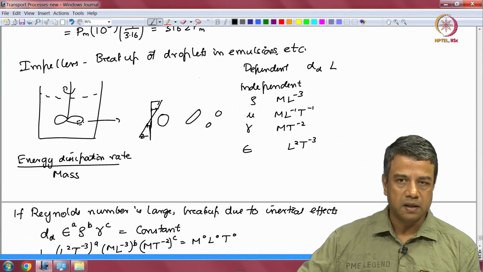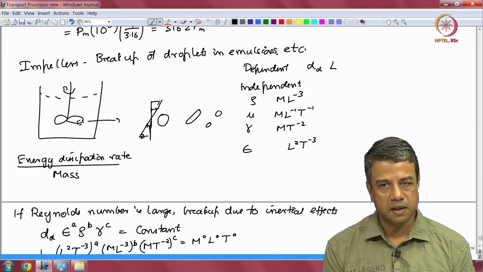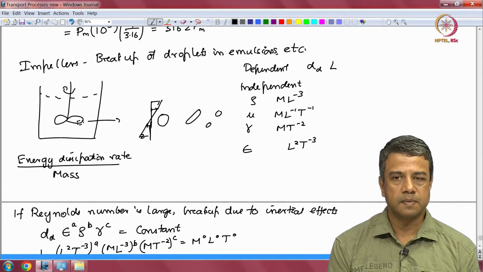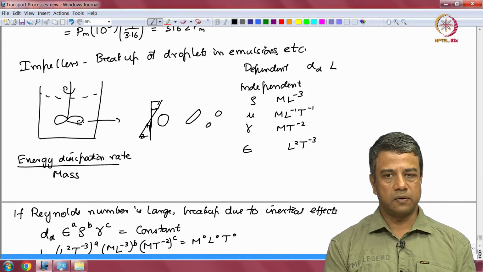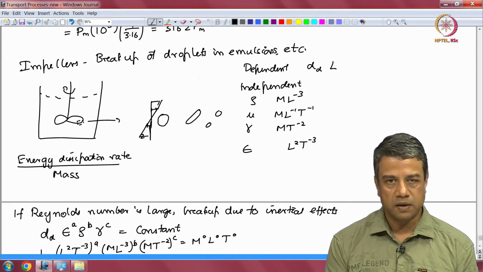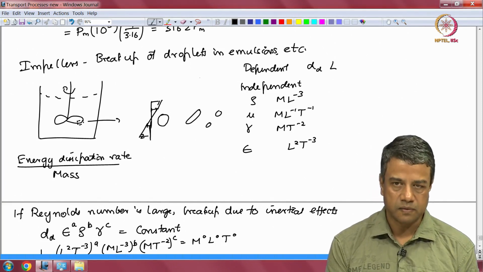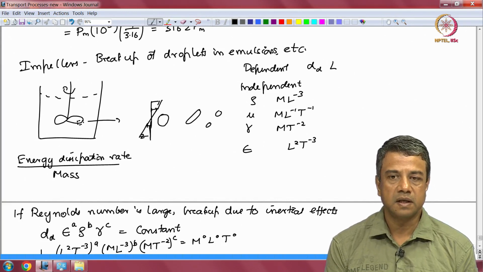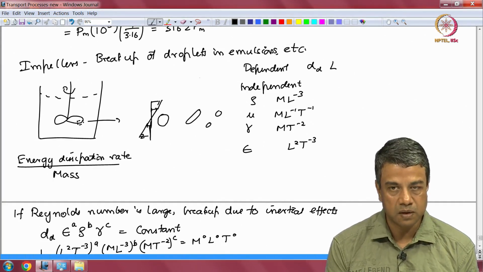In the reactor, the energy dissipation rate will in general depend upon position. You will get higher energy dissipated in regions where there is higher flow and higher straining, and lower energy dissipated in regions where there is lower flow. This epsilon that I have here is the energy dissipation rate, total power divided by the total mass.